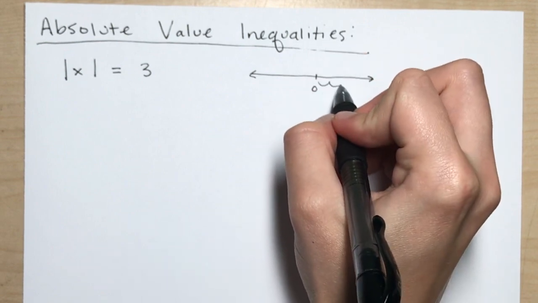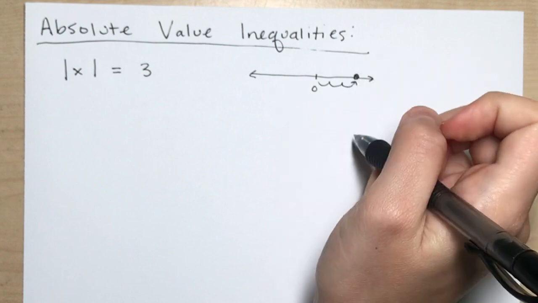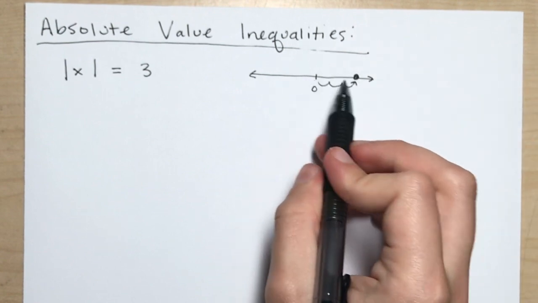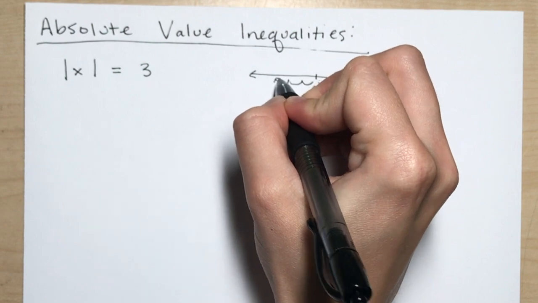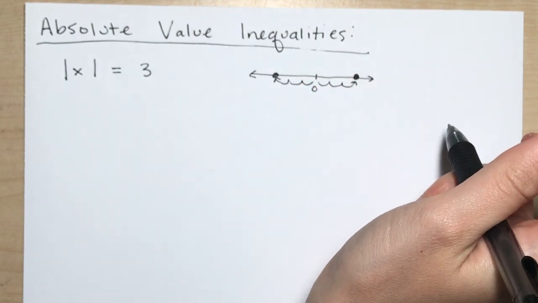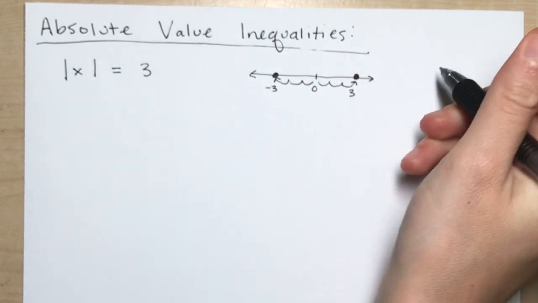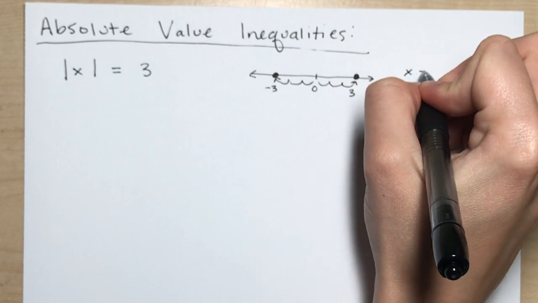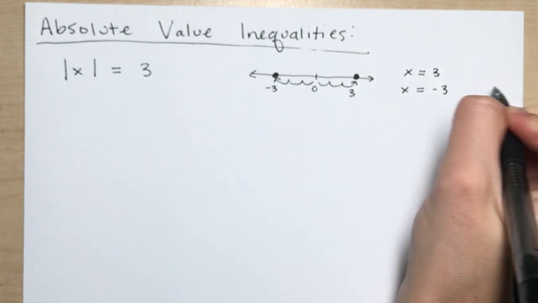That means 1, 2, 3. Here's x. But we also have two directions here. 1, 2, 3. This is also x. -3 and 3. So this means that x equals 3 and x equals -3.